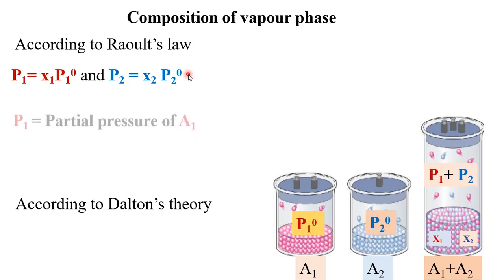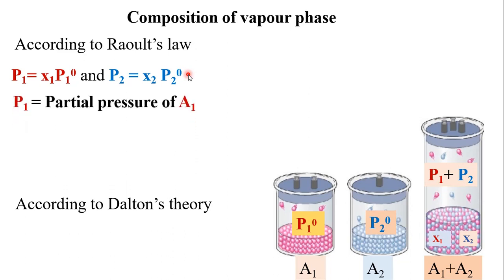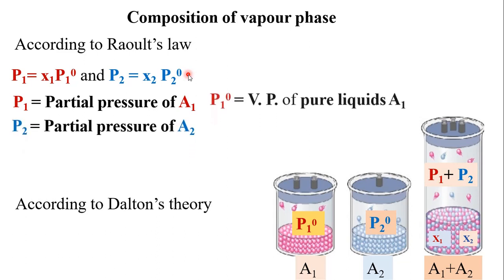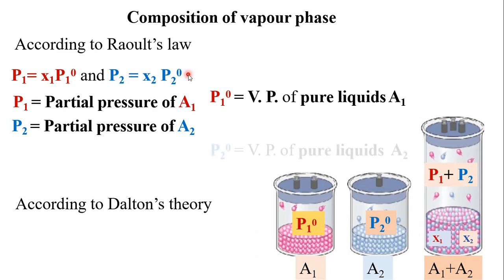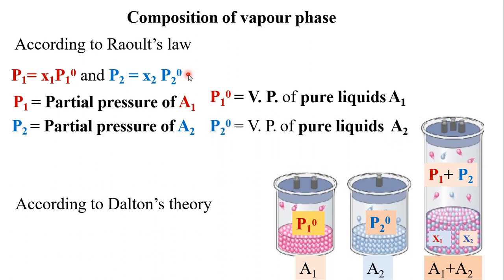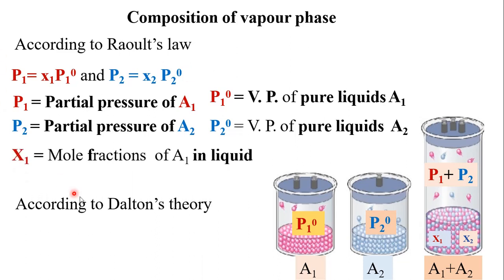That is according to Raoult's law, where P1 is the partial pressure of A1, P2 is the partial pressure of A2, P1 0 is the vapor pressure of pure liquid A1, and P2 0 is the vapor pressure of the pure liquid A2. And x1 is the mole fraction of A1 in liquid.